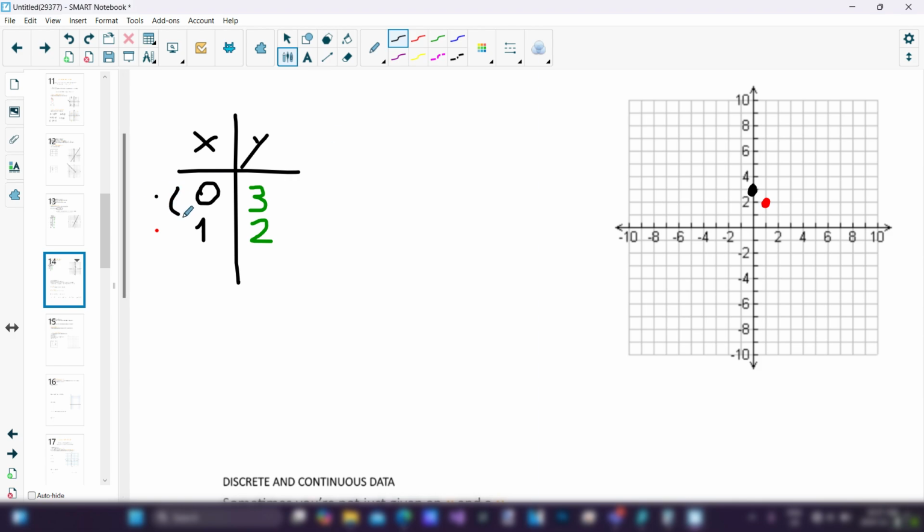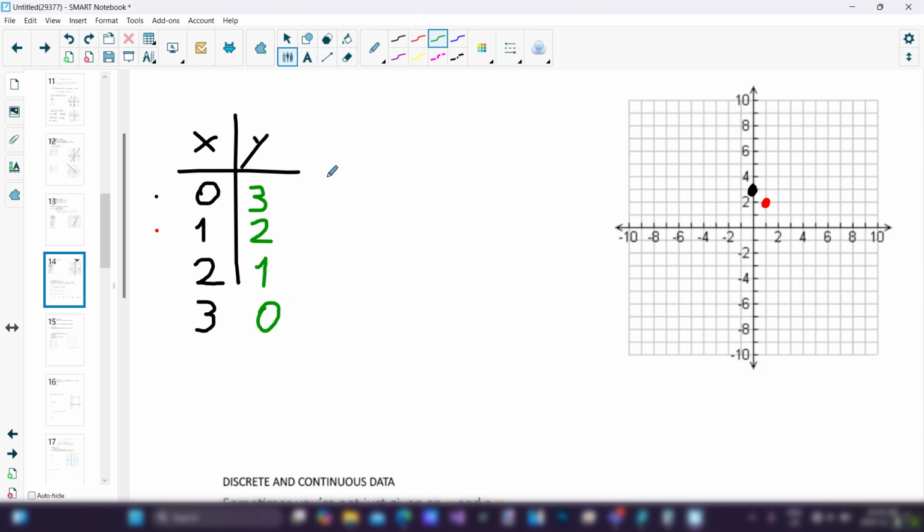So when x goes up by 1, y is going down by 1. So when x goes up to 2, when it goes up by 1, I can expect y to go down 1. When x goes up, y goes down.